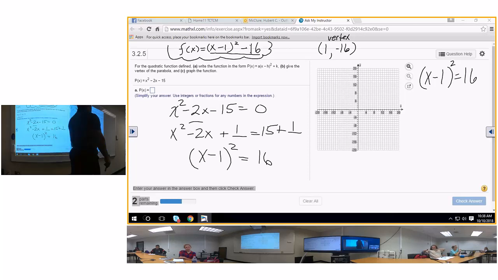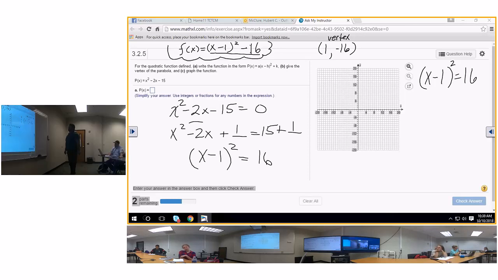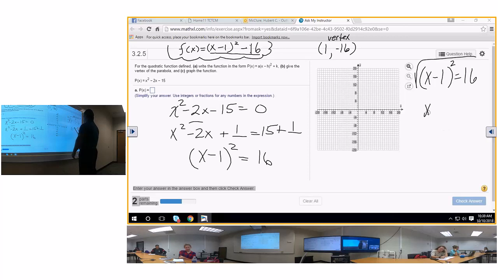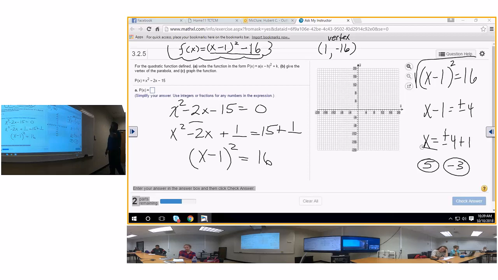And then what's the square? Now this one's easy. What's the square root of 16? 4. So x minus 1 is equal to positive or negative 4. X is equal to positive or negative 4 plus 1. What's 4 plus 1? 5. And negative 4 plus 1? Negative 3. So let's plot this one.